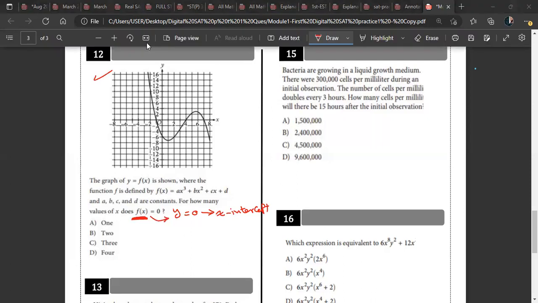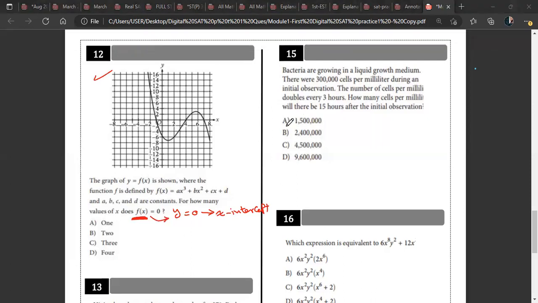The x-intercept here means the intersection points between the graph and the x-axis. So the intersection, how many points here? How many intersections? 1, 2, 3. So the answer will be C. 3 intersections or 3 values of x make f(x) equal 0. Is this understood?